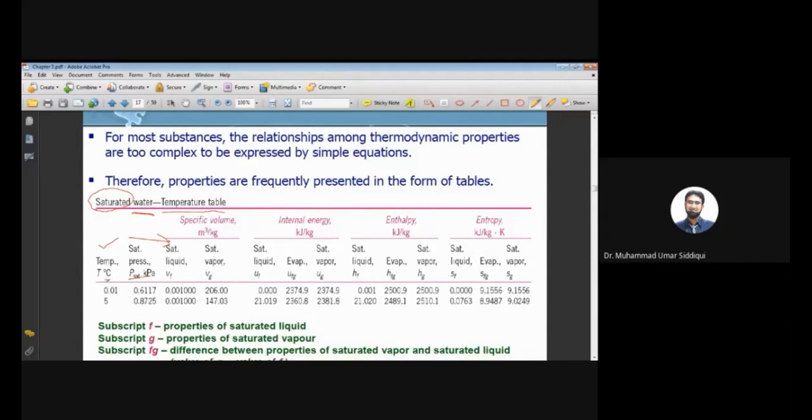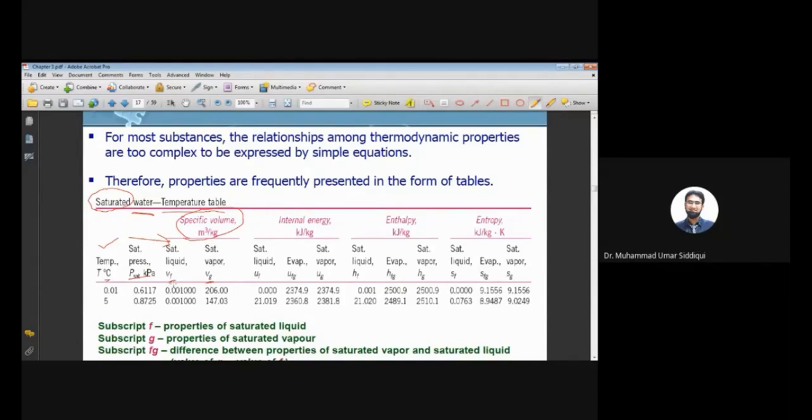Then after that we have the column for the specific volume, unit meter cube per kg. Whenever it's written F means saturated liquid. Whenever it is written G means saturated vapor. G means gas, F means fluid.